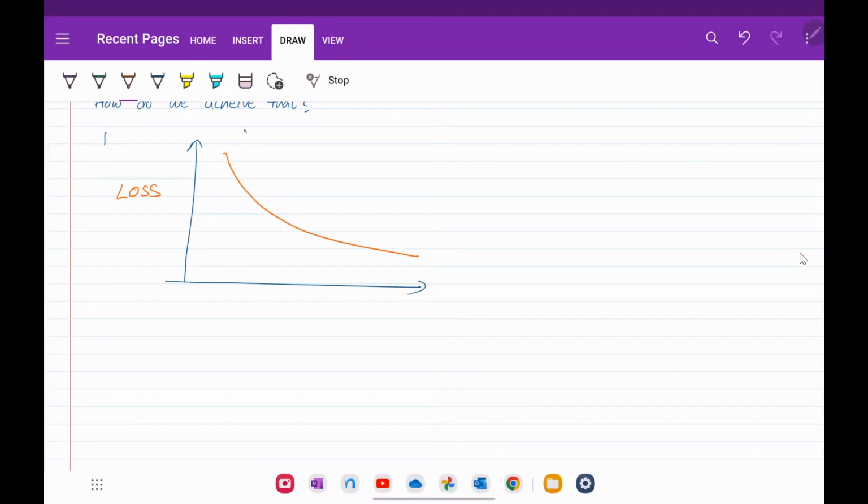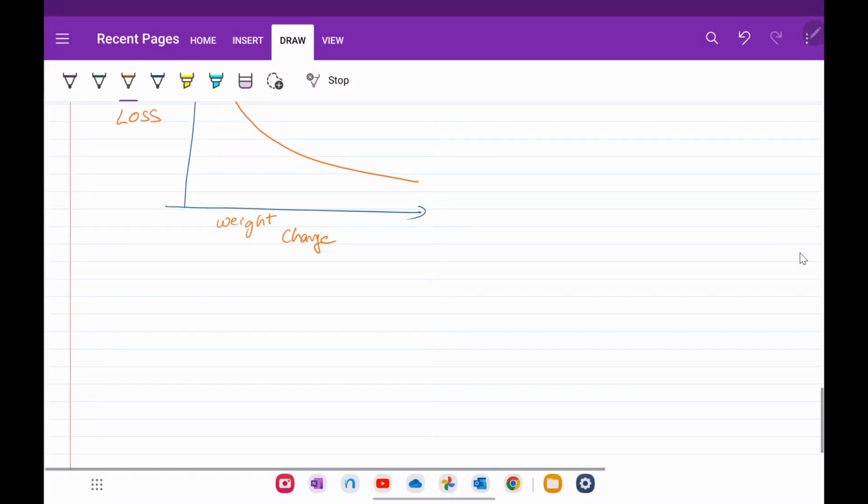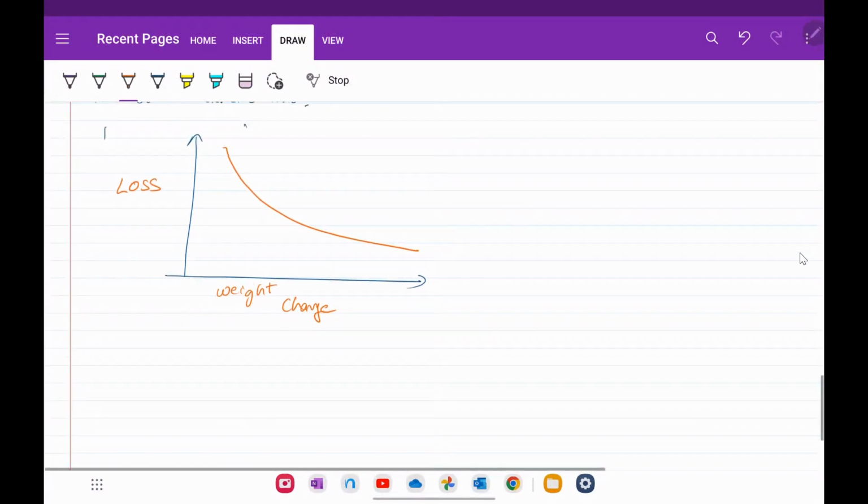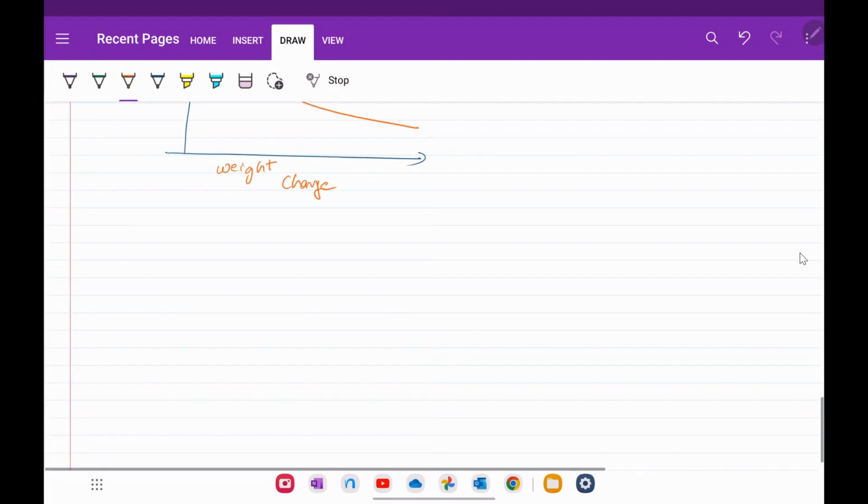So you have to change the weights such that over the process of changing the weights, your loss reduces or minimizes. So this could be a good standard.